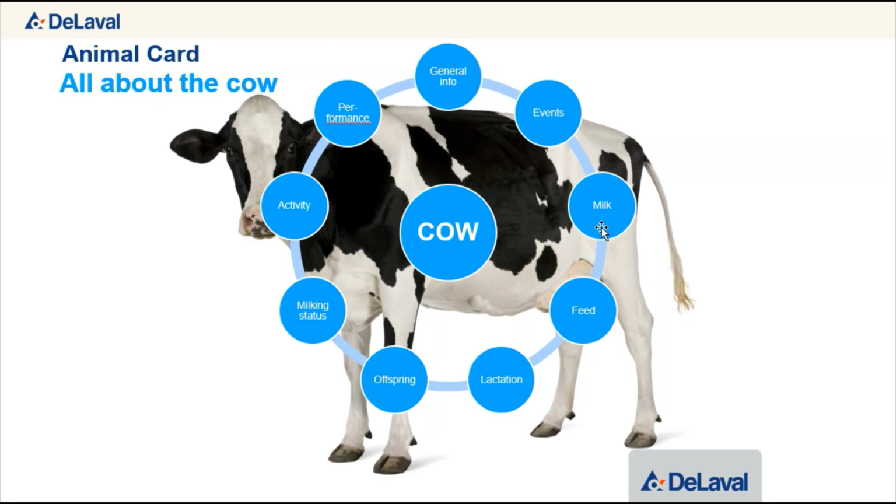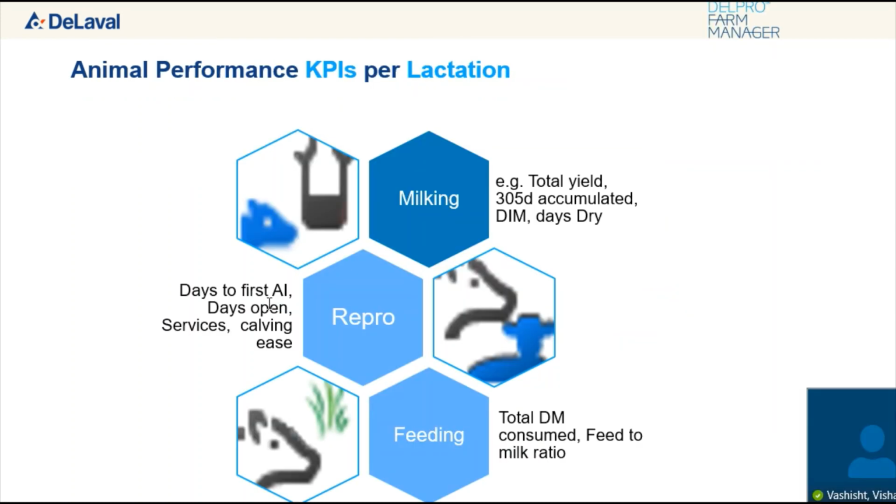And milking data, we can see milking data of different sessions. We can see the milking data for a particular day. We can see the milking data for a particular period as well. So you just select the start date, end date, and you will get the milking data. Similarly, all these data points are there when we talk about the individual cow data.